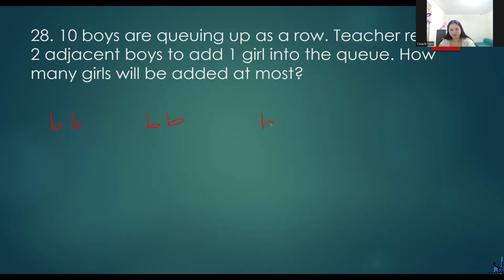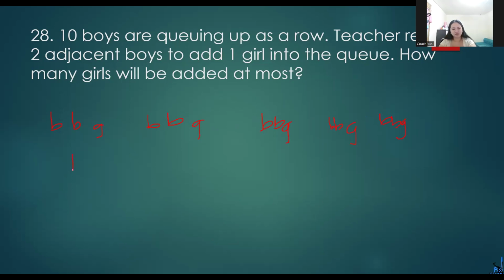Yeah. So for every 2 boys, you will add 1 girl. So you have 10 boys, right? And then you add 1 girl here. You add 1 girl here. You add 1 girl here. You add 1 girl here, and then here. So you have 5 girls.